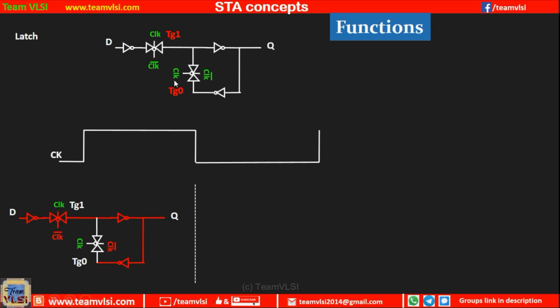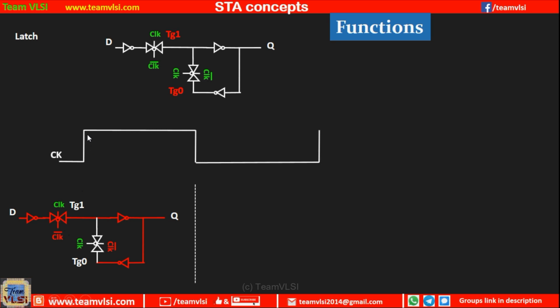At the same time, here you can see that the high clock is going to the PMOS and the NMOS is getting the low clock. So this transmission gate TG0 is going off. So here you can see that only the red path is activated.